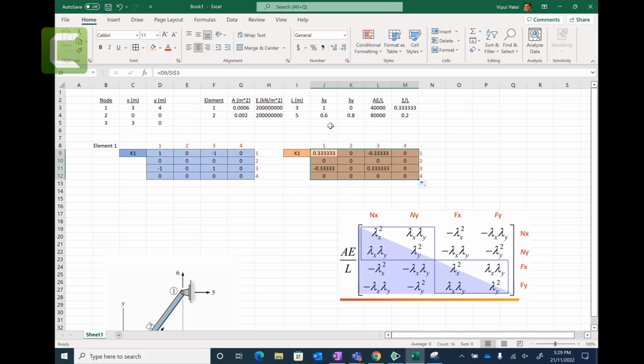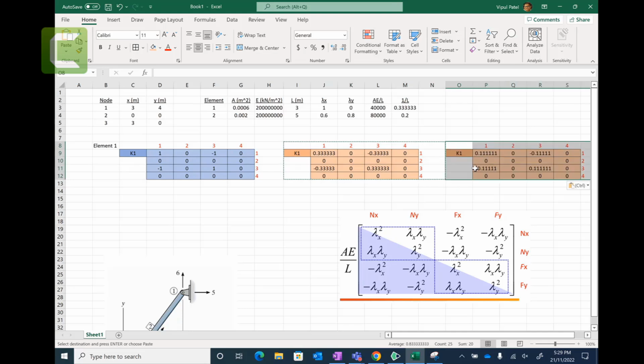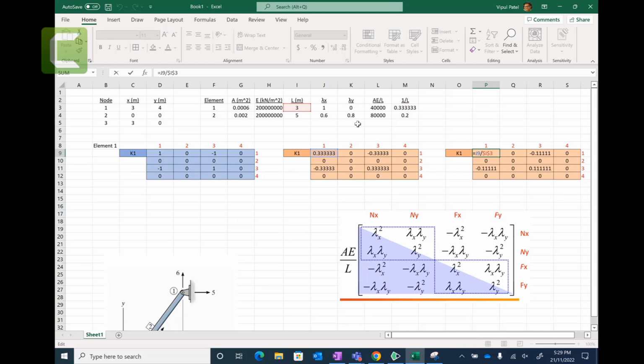If you want to multiply AE, or these whole things, you can do that. I can show it to you. Control C, Control V. So let's say you want to multiply AE over L. So multiply AE over L, and we want to lock it.